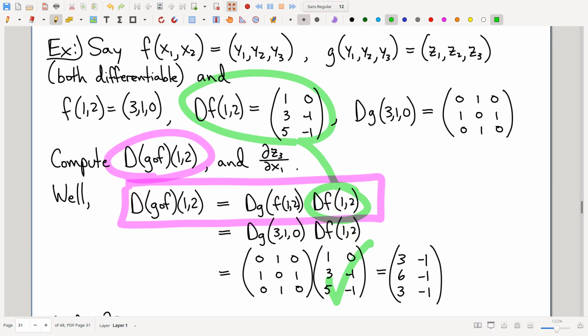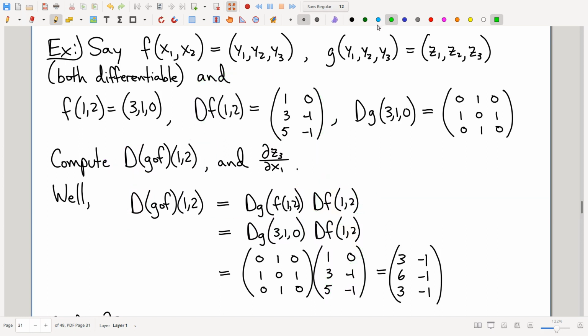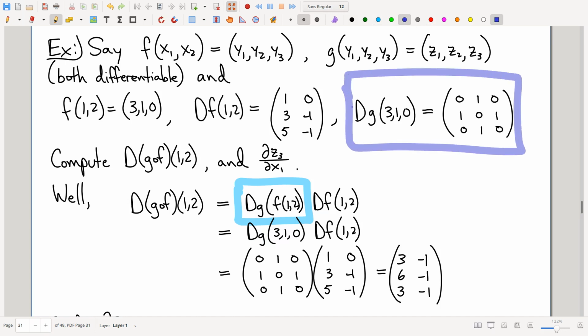Okay, the next factor, second factor, we're going to look at this DG matrix. I need DG evaluated at f of 1, 2. I have DG evaluated at 3, 1, 0. Those don't look immediately, obviously, to be the same.